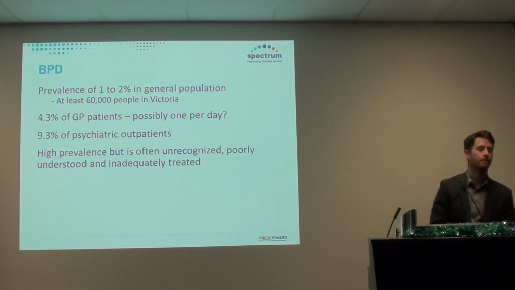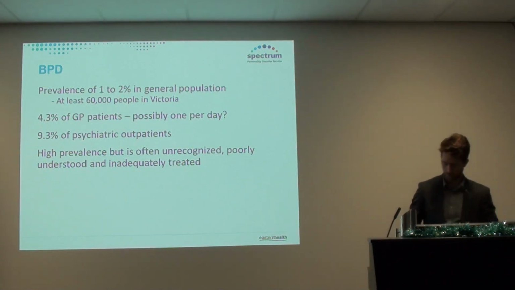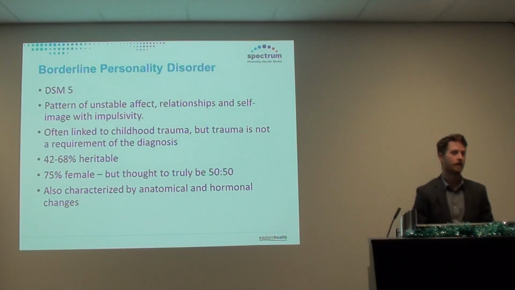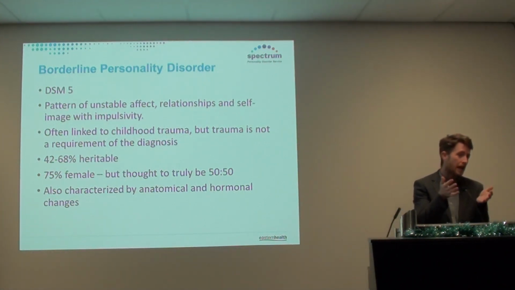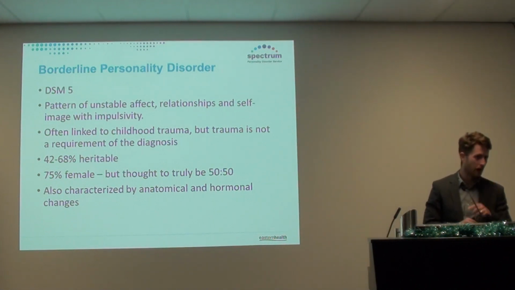My question's from your previous slide. How do you know that the 42 to 68% heritable are not nurture rather than nature? It gets very tricky. They've done some twin studies out there that, when you break those down, they can say confidently that the variation is related to their common genetic background. If you're interested in that, I'll get your name after and send along some of the studies, because it gets very complicated.